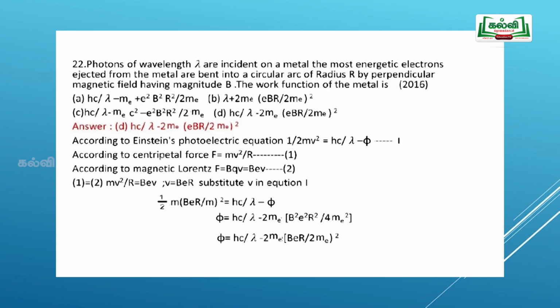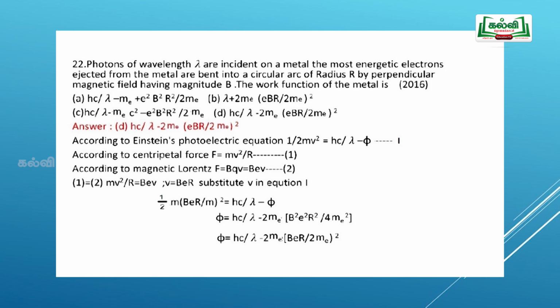Next question is: photons of wavelength lambda are incident on a metal. The most energetic electrons ejected from the metal are bent into a circular arc of radius r by a perpendicular magnetic field having magnitude B. The work function of the metal is: option A, hc by lambda minus m e plus e square B square r square by 2 m e.